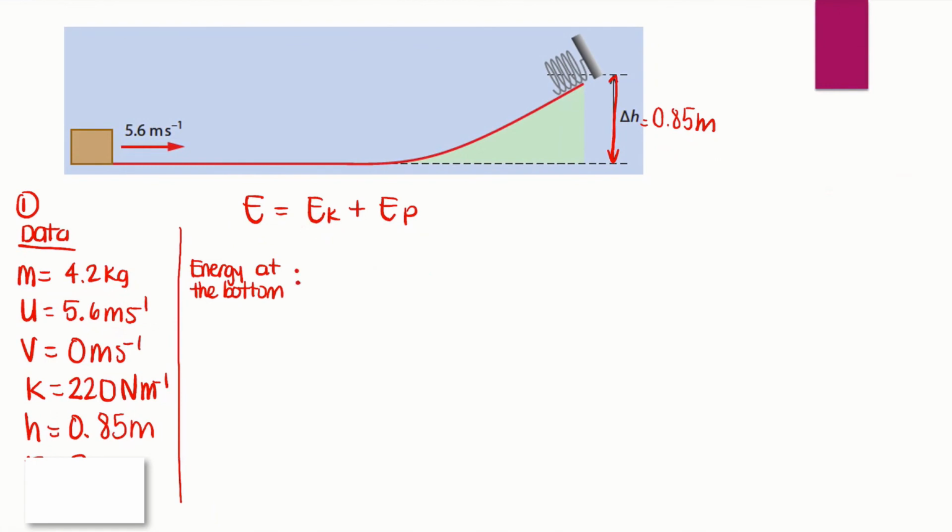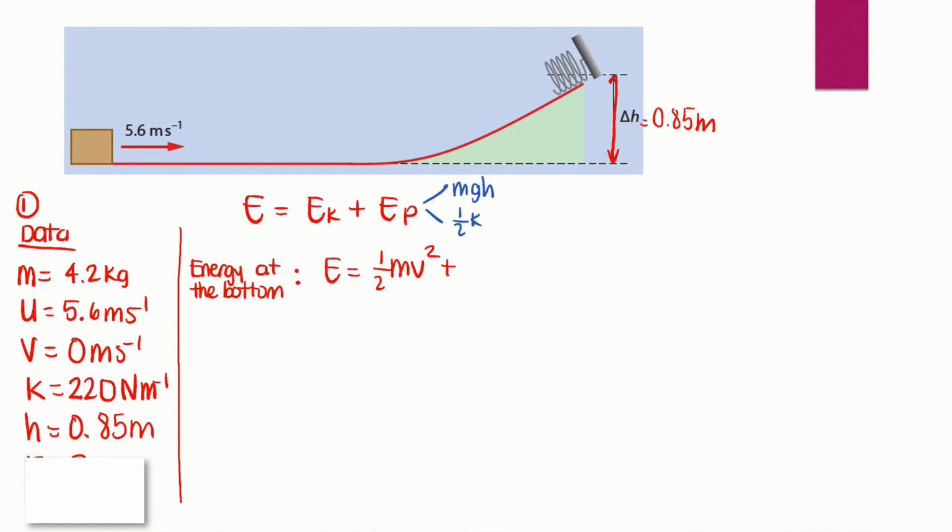So the total energy at the bottom is going to be total energy equals kinetic energy, which is 1/2 of the mass times the velocity squared, plus the potential energy. Now look, in this case, we have to consider that we have two kinds of potential energies. We have the potential energy due to the position of the object, but also we have the elastic potential energy.